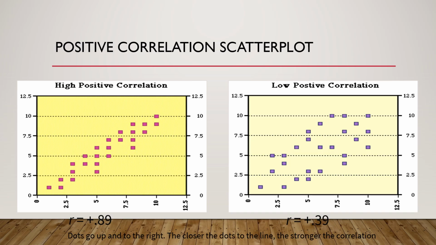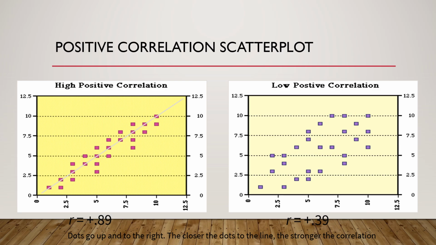Some other examples of a little bit less significant positive correlations, or less high effect size. So we have the R of 0.89 positive. You can see that there is a trajectory through this that is clearly a positive correlation, but there's a little bit more error there. It's still very close to that line, but there's some variance there.